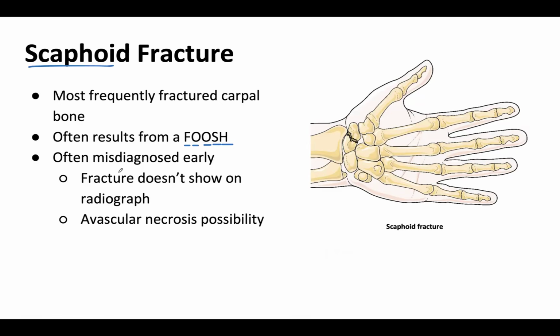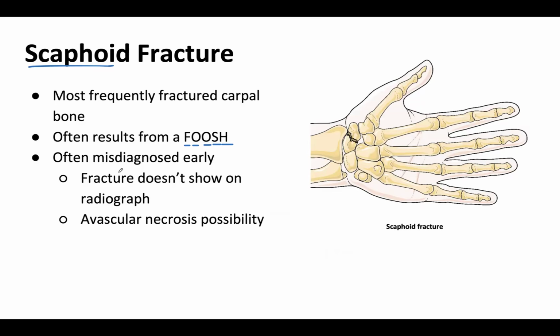Scaphoid fractures are often misdiagnosed early. What I mean by that is often right after an injury, an individual may get a radiograph or x-ray, and the scaphoid doesn't show a fracture. But it's not great to misdiagnose a scaphoid fracture because the blood supply to the scaphoid is weak, and it's also what's called retrograde.